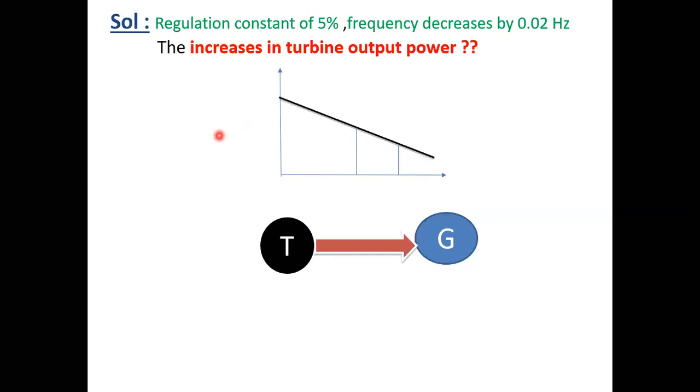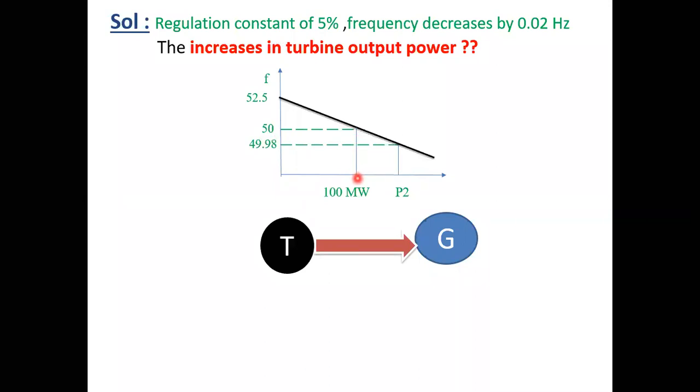Now, let us consider the curve between frequency and real power. This shows that the entire given data is present in this curve. So this is our rated frequency, 50 Hz. At 50 Hz, what is the corresponding rated power here? 100 megawatts, which is present in our given data.